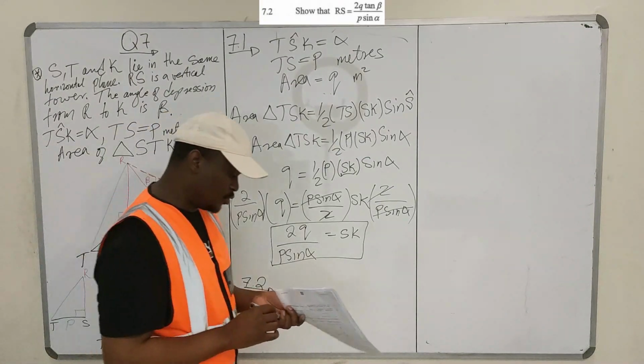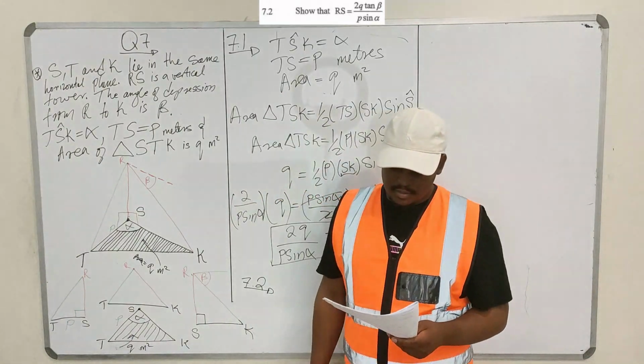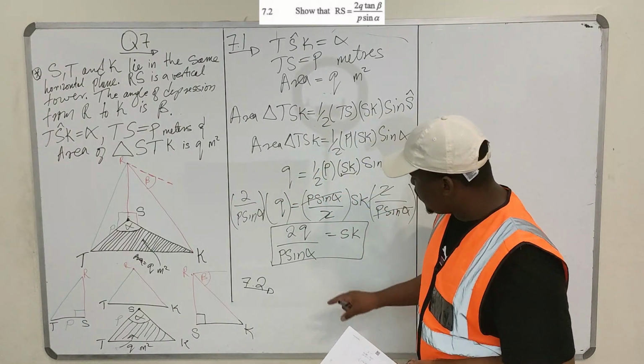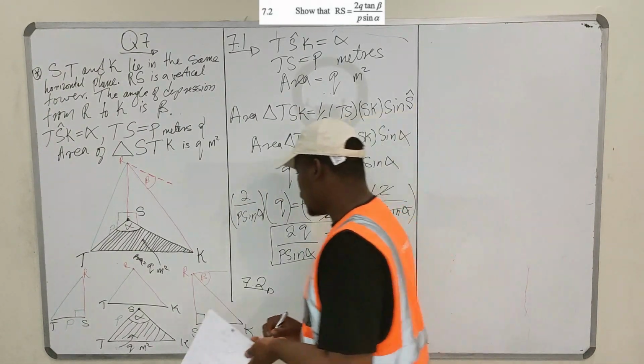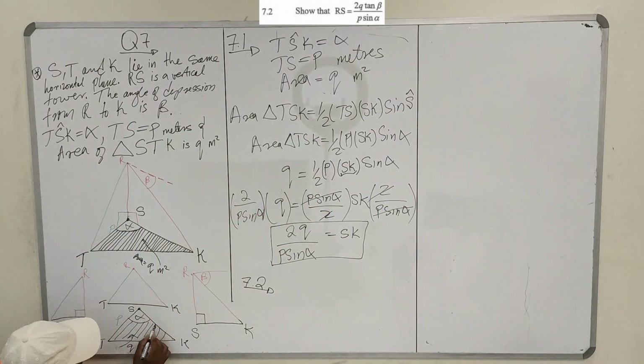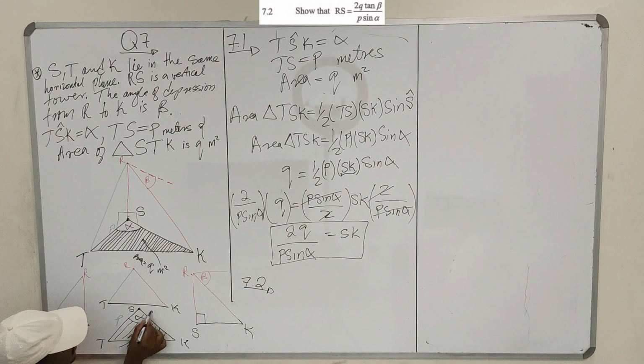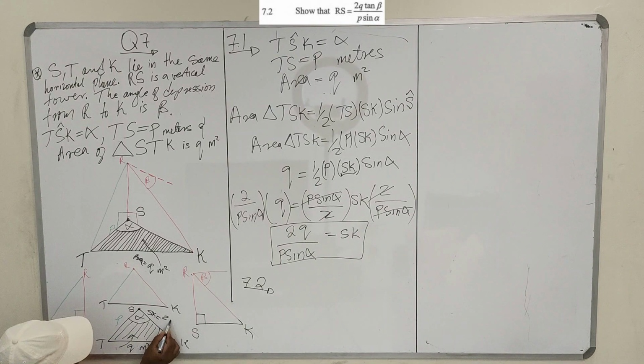What are they saying at 7.2? They are saying, so now we know that SK is this. So we put our value of SK here. Here's SK, which is this line over here. It's 2Q over P sine alpha.